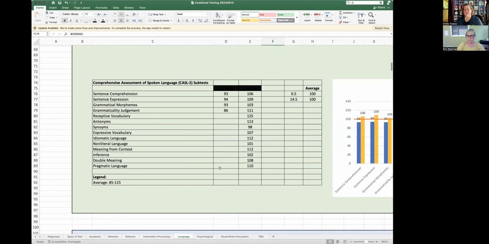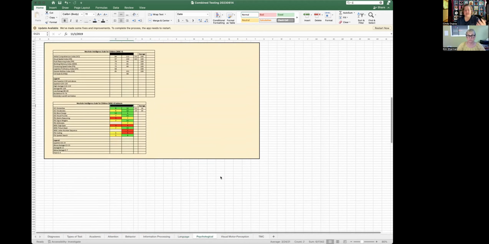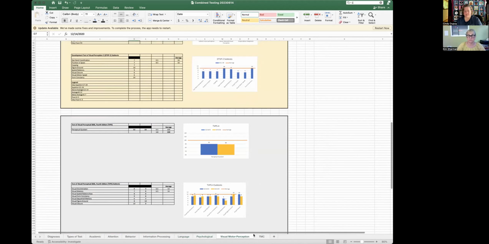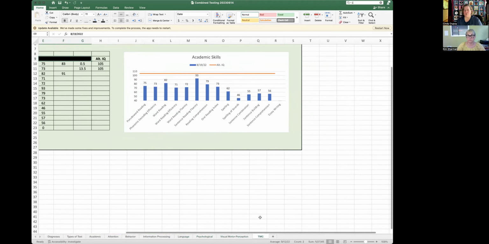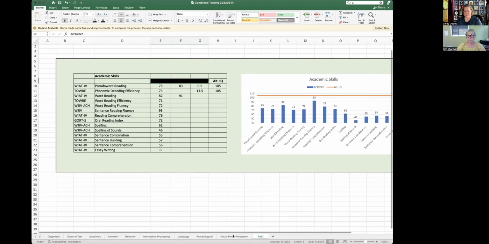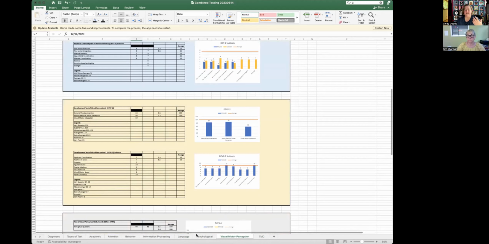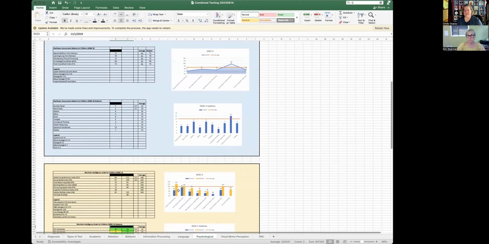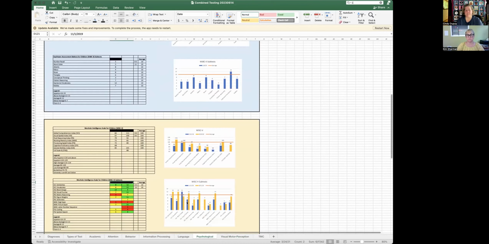This parent, as we showed on that first page of the Excel spreadsheet, has had evaluation after evaluation after evaluation, which we completely understand, because when you look at all of her data, how do you make sense of everything that is here? Now, she's done a great job where if she's got repeated data, she's tried to put it side by side so that she can compare.